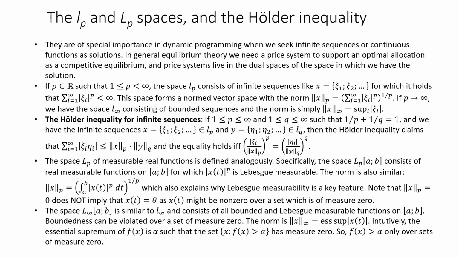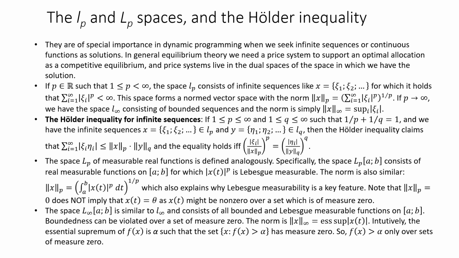And price systems live in the dual spaces of the spaces in which we have the solution. We will review, in this course, the concept of dual spaces and all the related concepts. So please trust me, these spaces are of special importance.